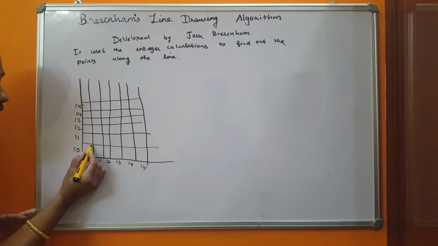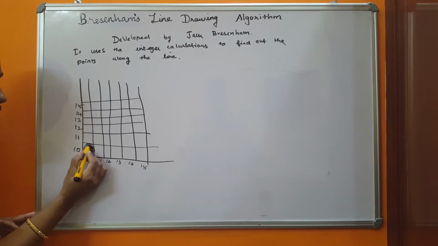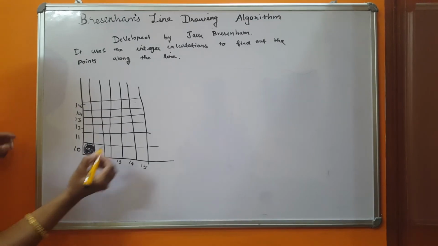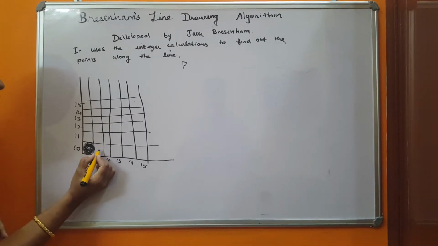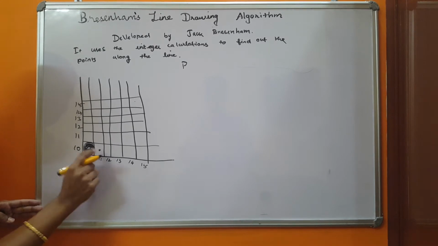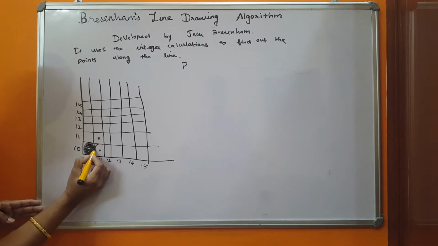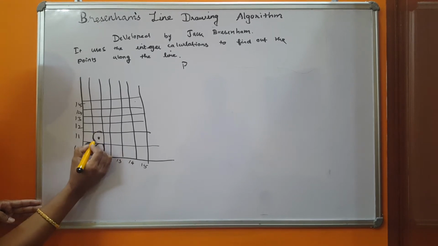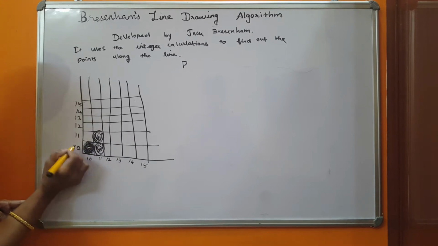First in this algorithm, the first point is plotted. 10, 10 is plotted first. One decision parameter P is used to find out the next nearest point. Which one is 11, 10 or 11, 11? Which one is nearest to 10, 10?